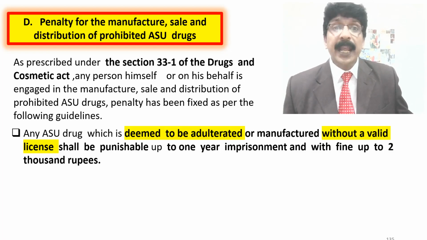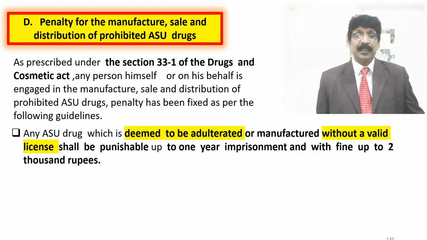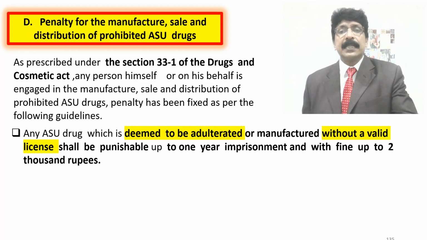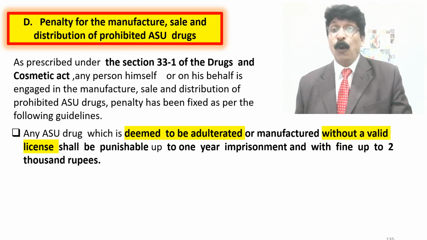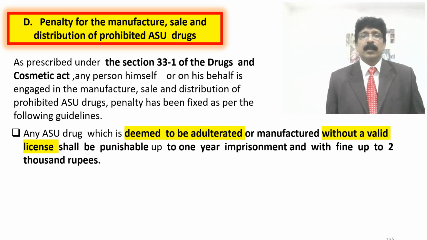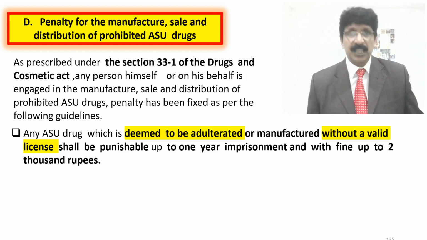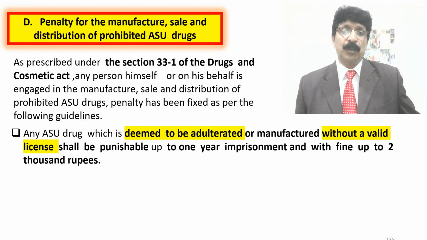Any Ayurveda, Siddha, Unani drug which is deemed to be adulterated or manufactured without a valid license shall be punishable with up to 1 year imprisonment and a fine up to 2,000 rupees.